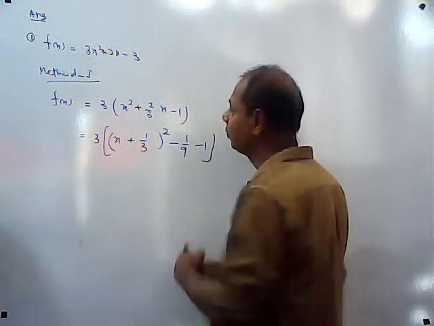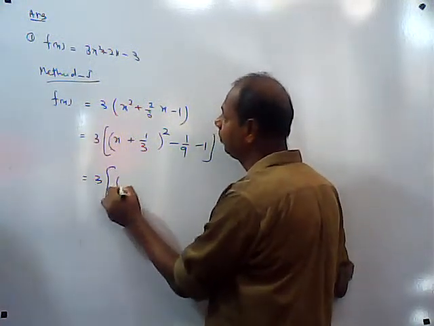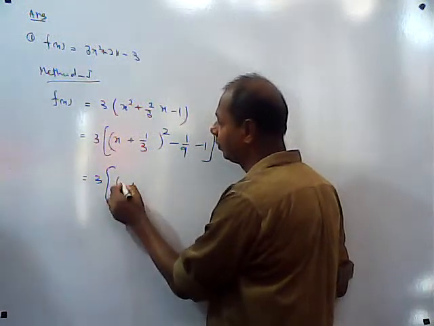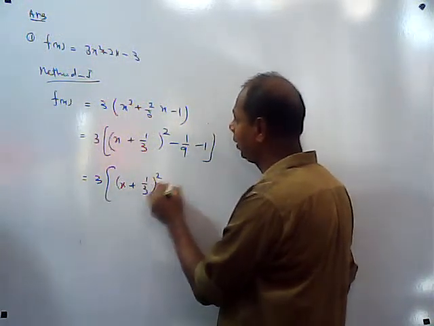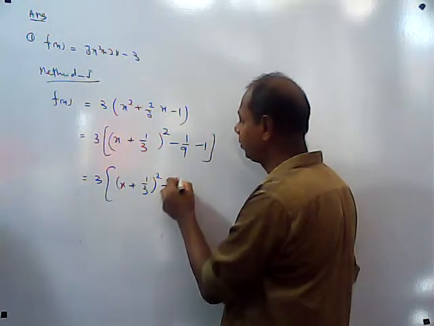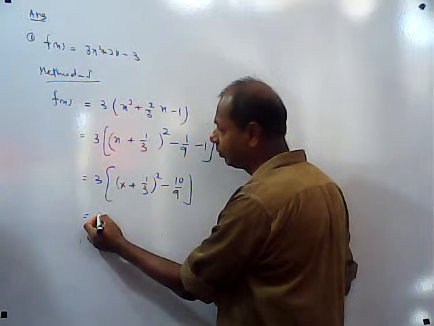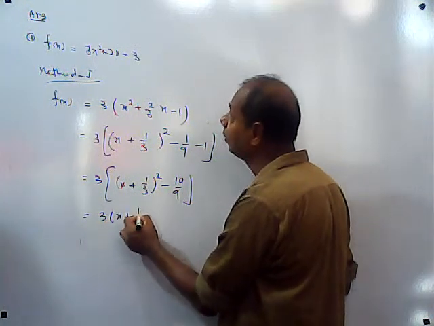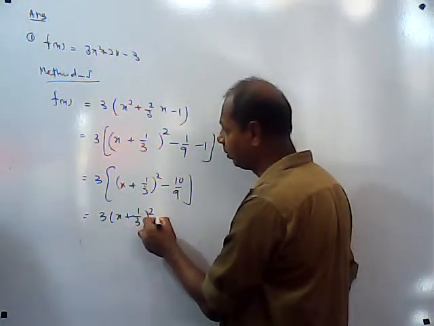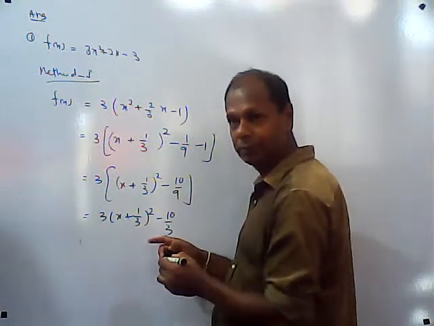That's what you get completing the square. Simplifying further, 3 times x plus 1 over 3 squared, minus 40 over 9. Expanding the outer brackets, you get 3 times x plus 1 over 3 squared minus 40 over 3.